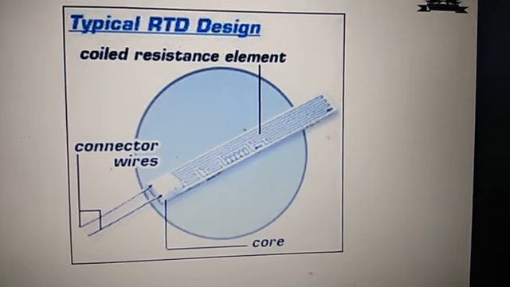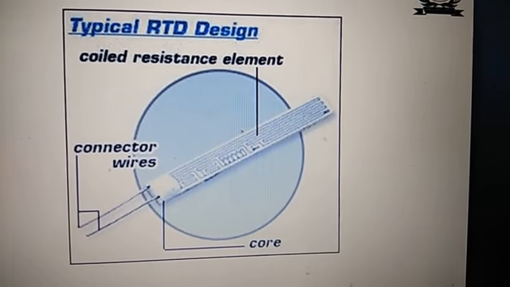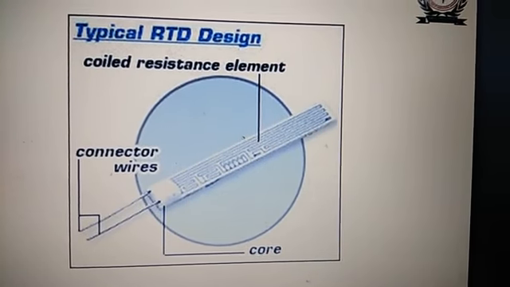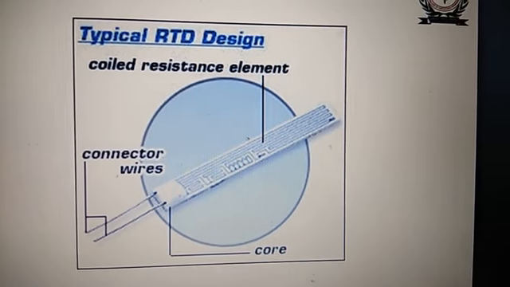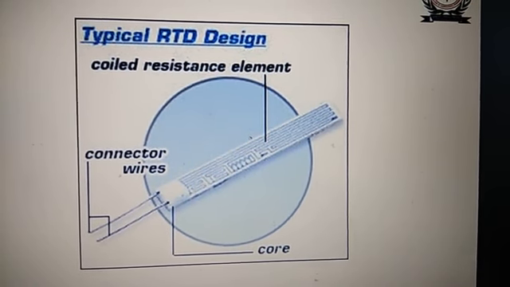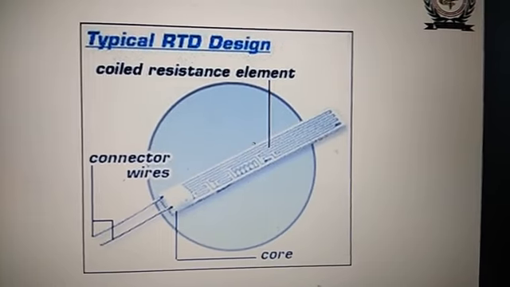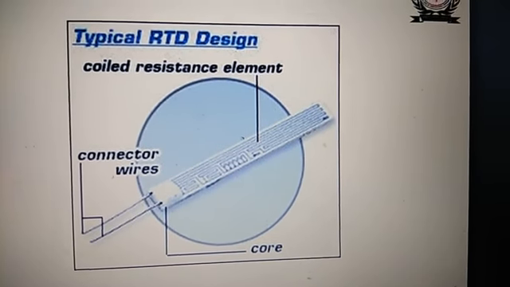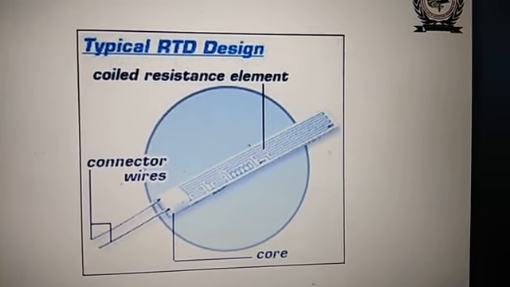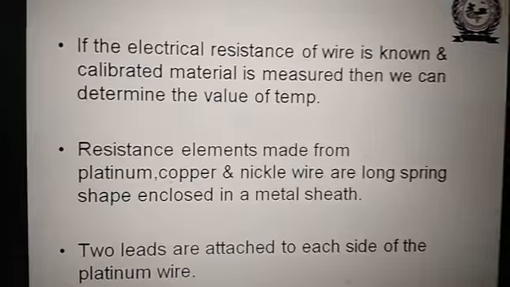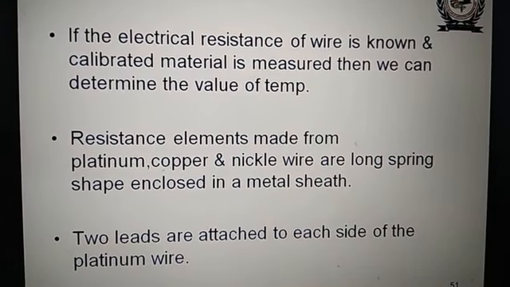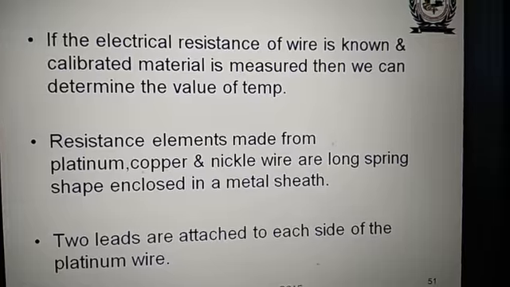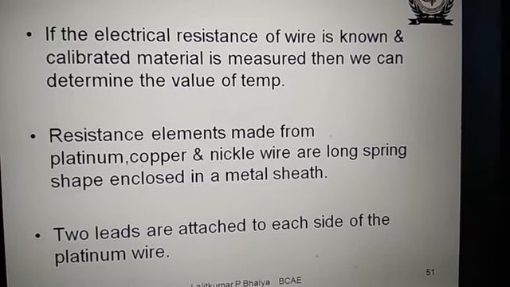So RTD is one of the sensors for the measurement of temperature, in which if heat is applied, which is to be measured, then the resistance of this coil changes, and this change in resistance will produce the corresponding voltage. So RTD is the basic element of the resistance thermometer, or the basic device of the resistance thermometer.